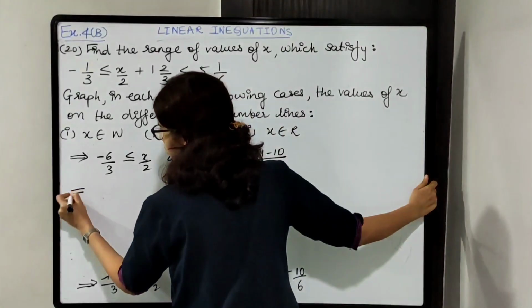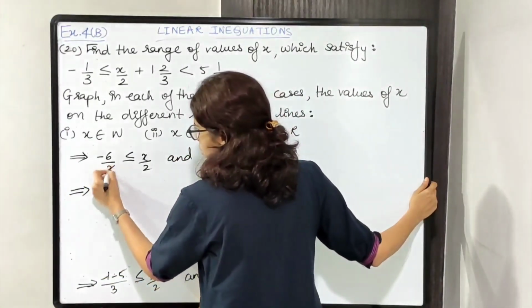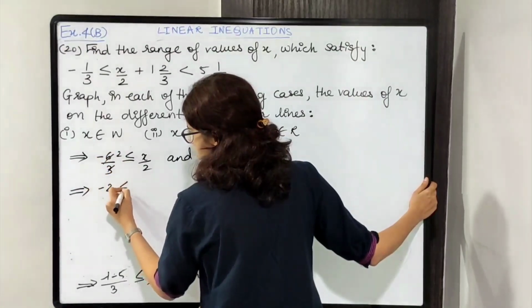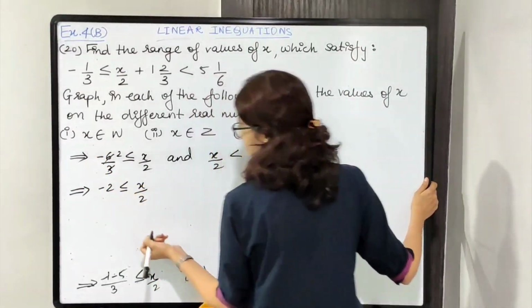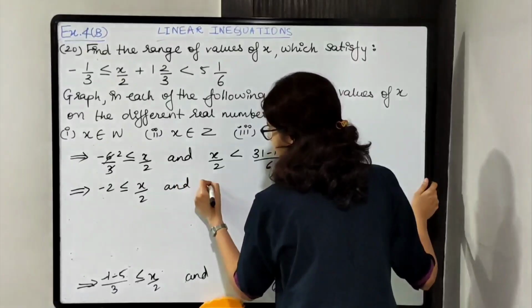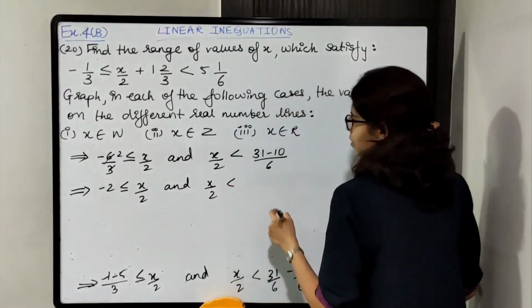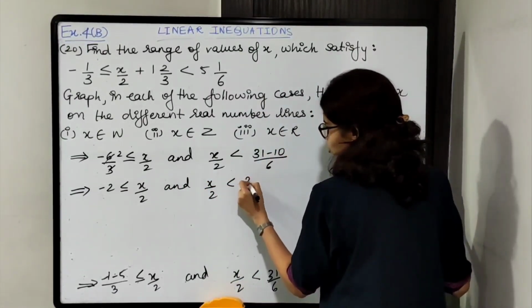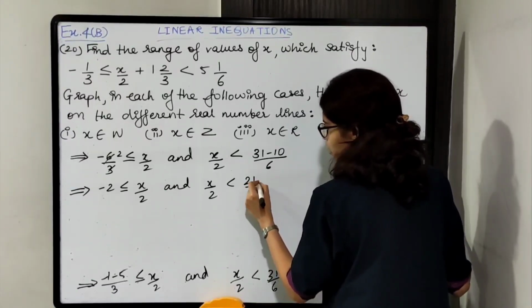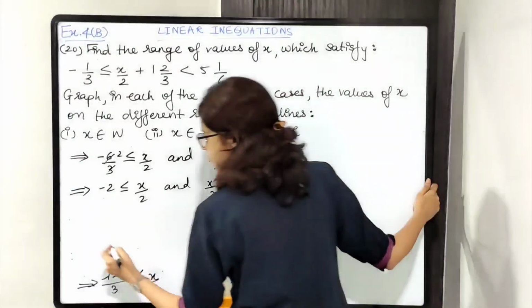So 3 2s are 6, so minus 2 is less than or equal to x by 2 and over here x by 2 is less than 31 minus 10 becomes 21 by 6. 3 2s are 6, 3 7s are 21.